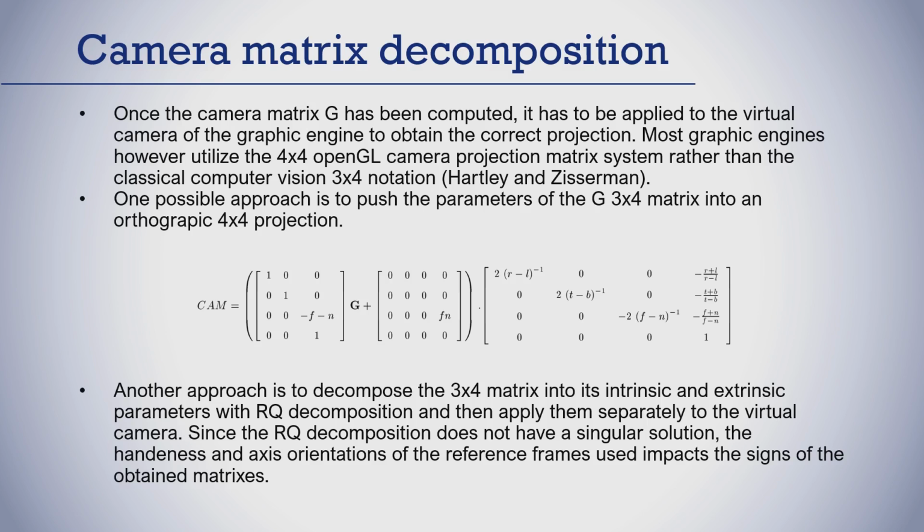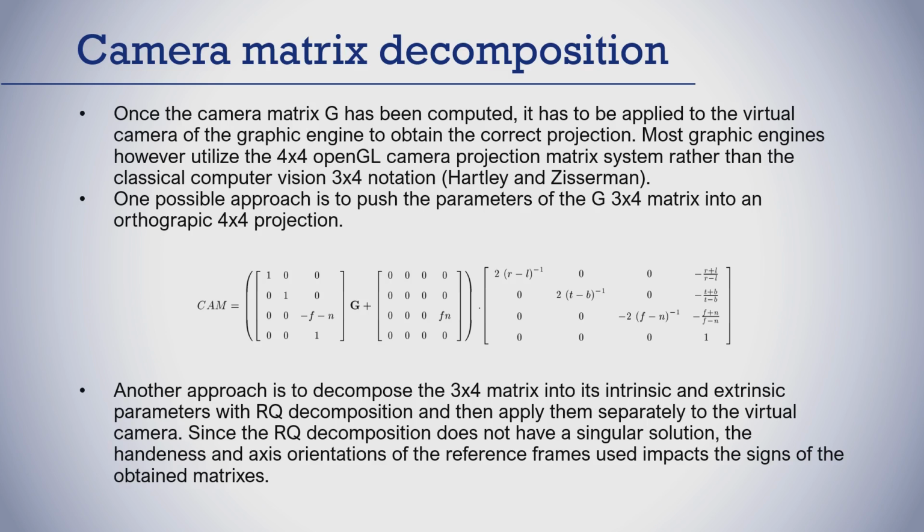So one way to use our obtained matrix, for example in Unity, is to use an orthographic projection and push the parameters inside the projection, which is defined with the clipping planes of the view of the camera.